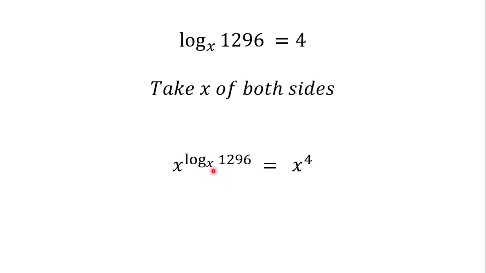So the log base x always gets vanished when you write it this way. Since this and this are the same, they cancel out. So this will take away this one, and it will be left with this one, and that tells or reflects the actual application of the definition of logarithm.